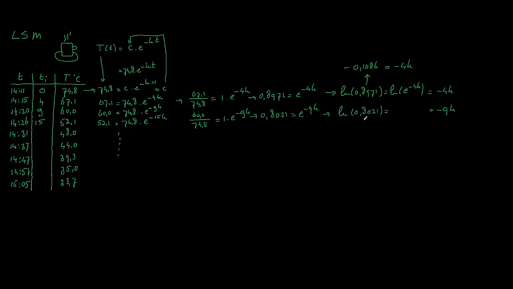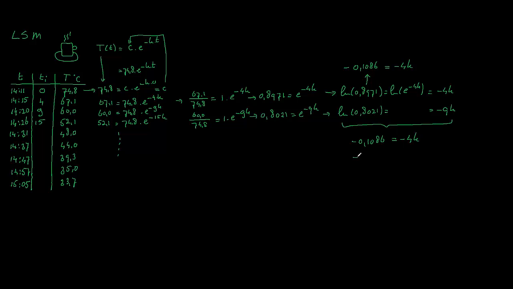So if we do that with all the numbers, we nicely get a kind of matrix. Try to write it down here. So calculate the ln of the number over here and make it equal to minus the number times k. So for the first one I have minus 0.1086 equals minus 4k.